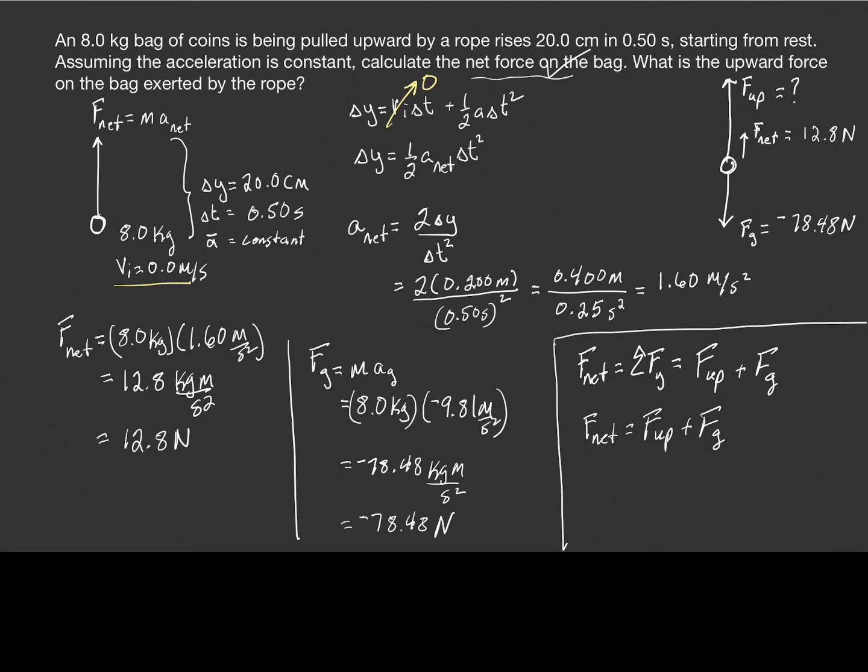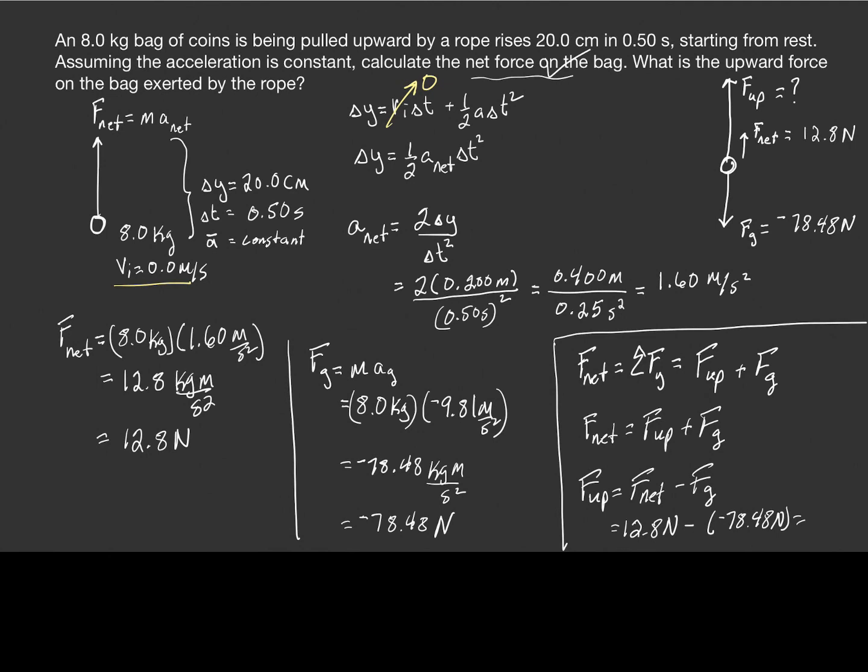Well, if we rearrange this equation, we get the force up equals our net force minus our downward force. We can see here that we have net force and we have our downward force. So our net force we know is 12.8 newtons minus our downward force, which is the negative 78.48 newtons.